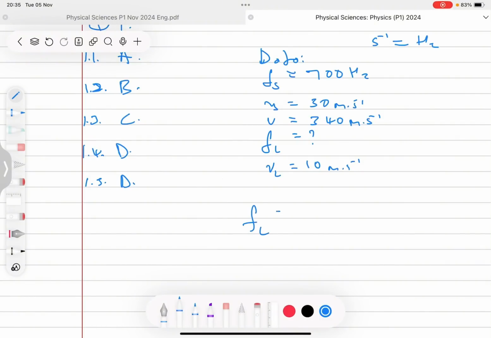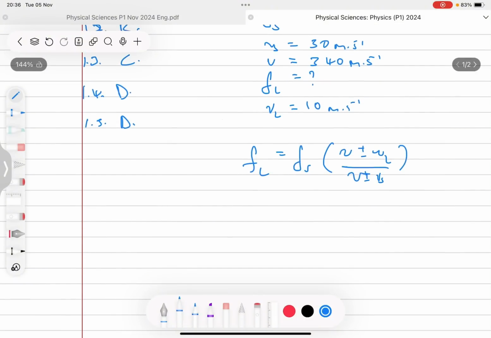This would be a question that requires us to use the equation of the Doppler effect, where we're going to say we have plus or minus that, all over plus or minus Vs. Now, we know that this is 700 here, this is 340.